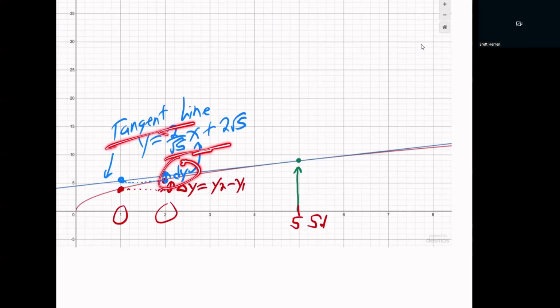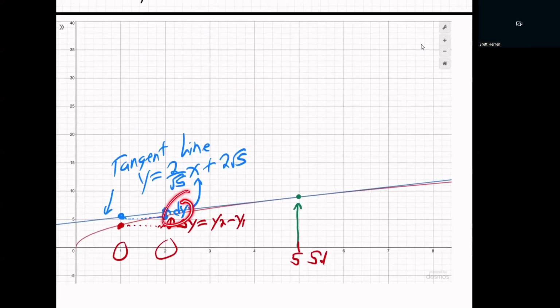The derivative is the tangent line. So don't worry about how I found this, you don't need it. But I wanted to show you what a dy actually is and what a delta y actually is. A dy is the difference in heights. It's how much the tangent line goes up, and the delta y is how much the actual curve goes up between two values. That's what it is.